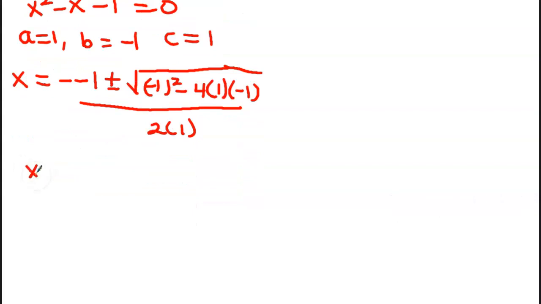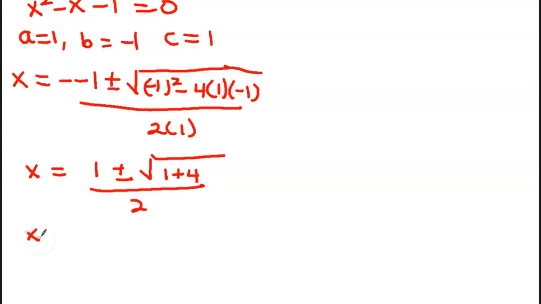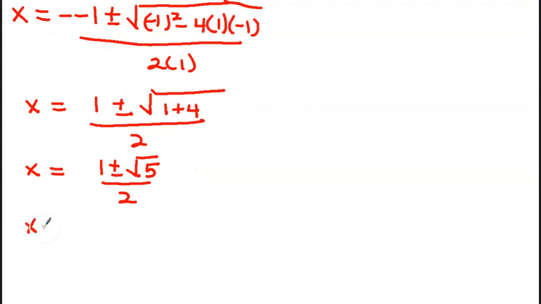So x will be equal to 1 plus or minus square root of minus 1 squared is 1, minus 4 times minus 1, that's positive 4, over 2. So x is equal to 1 plus or minus square root of 1 plus 4 is 5, over 2. So x is equal to 1 plus root 5 on 2, or 1 minus root 5 on 2.